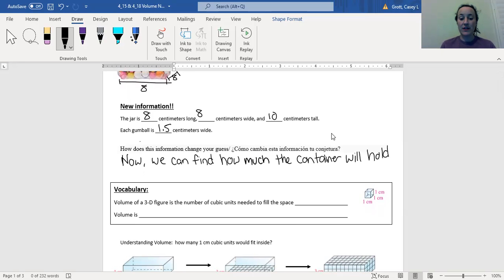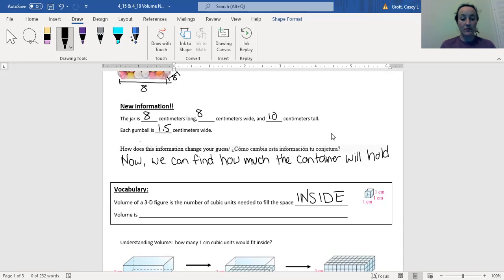Volume of a 3D figure is the number of cubic units needed to fill the space inside that shape. How many of these little 1 by 1 by 1 blocks fit inside a shape, whether it's a gumball container or if it is a bathroom floor? How many cubic units fit inside?